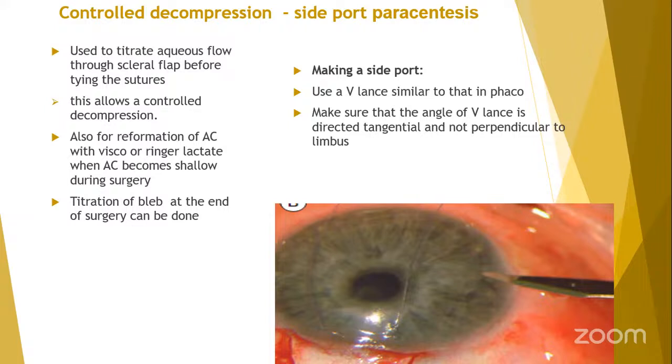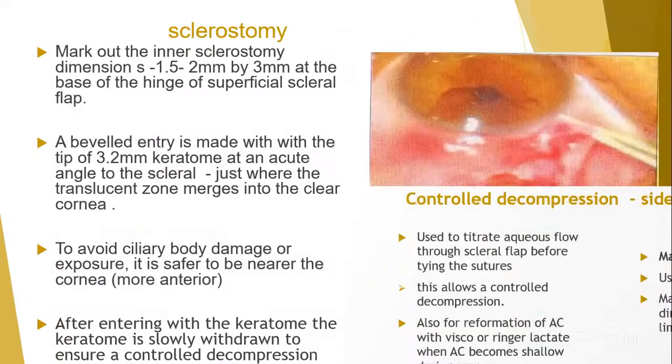So you can also use it always to reform your AC, to put your visco, Ringer's lactate or whatever, and make sure that your patient is safe, because it is this collapsing and reformation of the AC that puts the patient at risk of the wipeout syndrome.